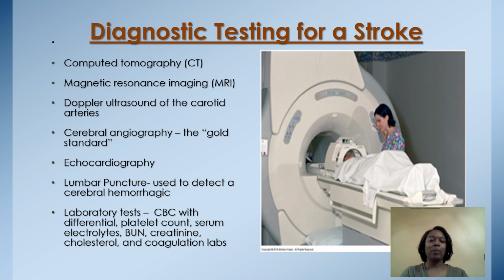And last but not least, a lumbar puncture may be done if, in fact, the CAT scan or MRI indicates a hemorrhagic CVA is possible. Therefore, they would do a lumbar puncture to detect whether or not there is blood in the spinal fluid.